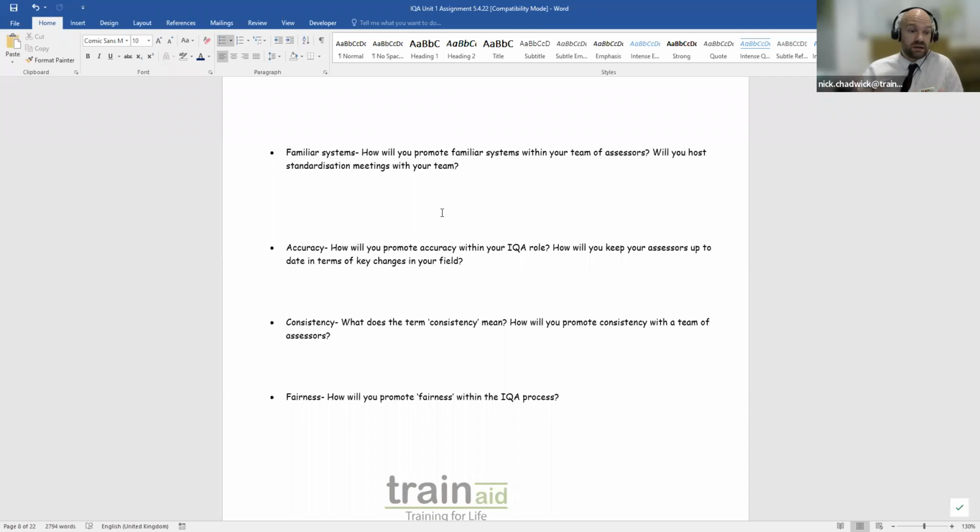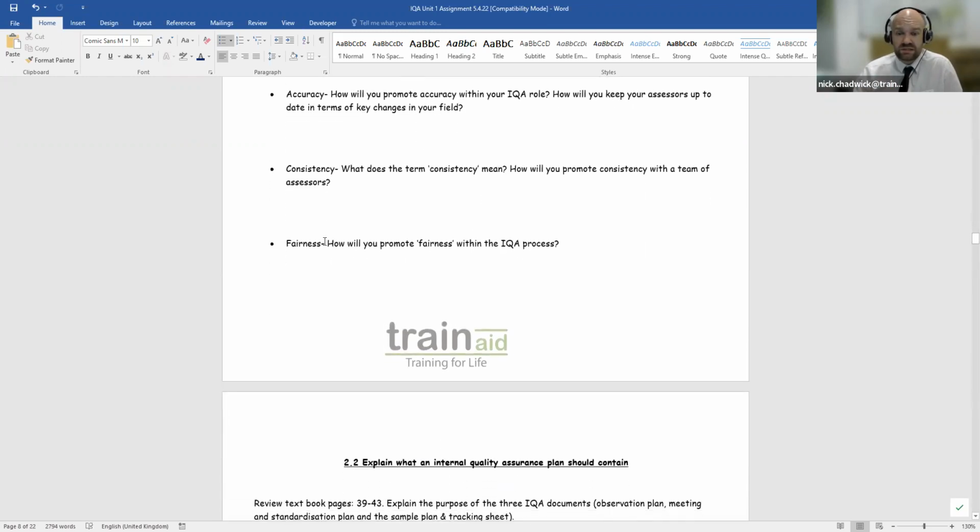Will you host standardization meetings to explain how assessors can store paperwork effectively? It's not just your role as an IQA to store paperwork and reports. You can get your assessors and trainers to do that. But we'd like for you to explain just how you will promote familiar systems as well.